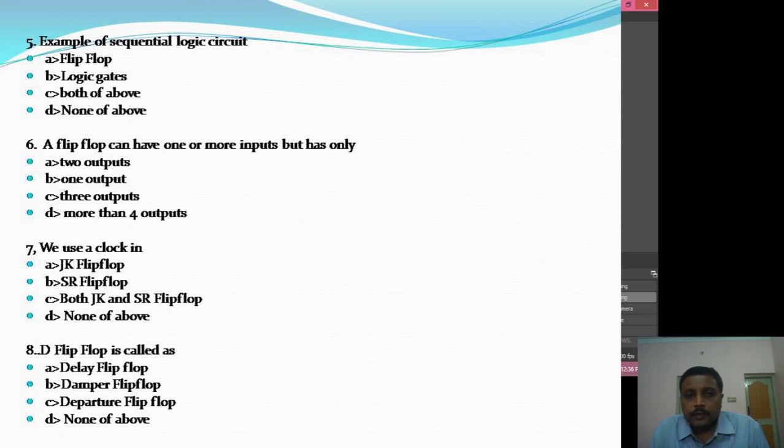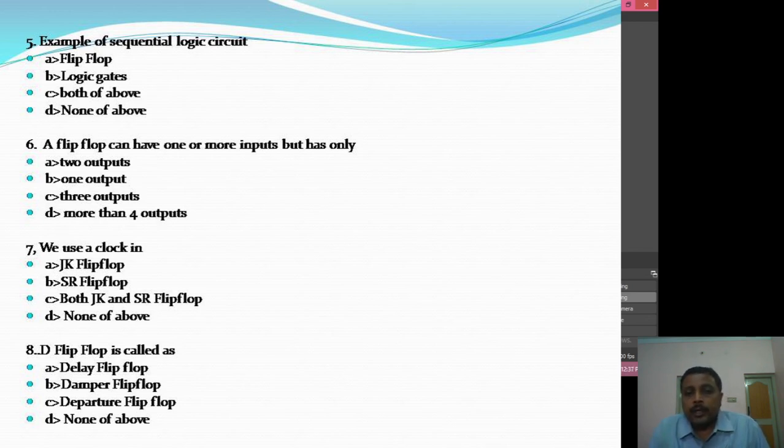Seventh question: we use a clock in JK flip-flop, SR flip-flop, both JK and SR, none of the above. As I already explained in my previous slides, SR has a forbidden state. In order to overcome the forbidden state, we use the JK flip-flop.